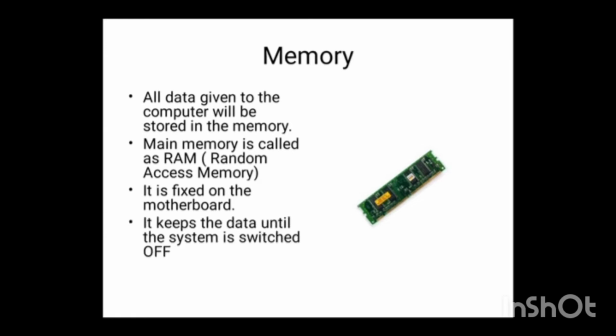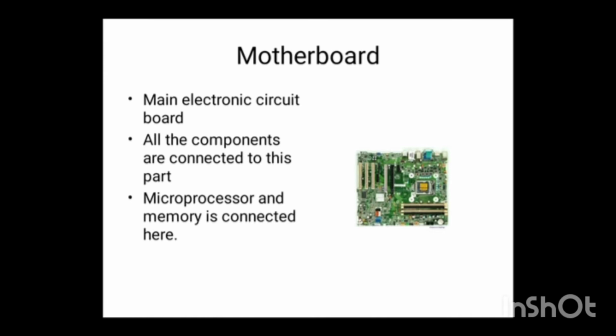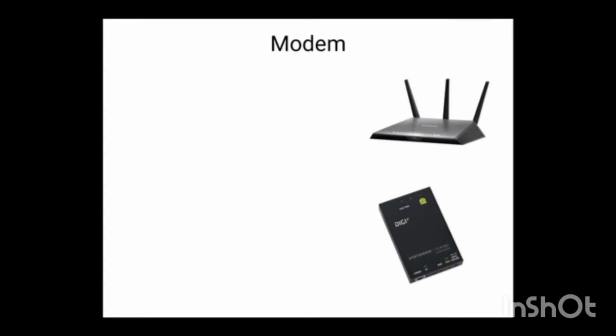Okay, now let us see about the motherboard. Motherboard is the main electronic circuit board on which all the components and parts of a computer are fixed or connected. The microprocessor and the memory are placed on the motherboard. Okay, now let us see about the modem.